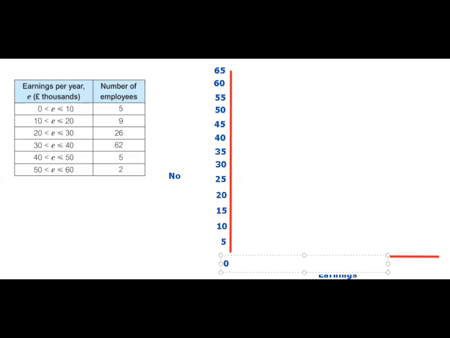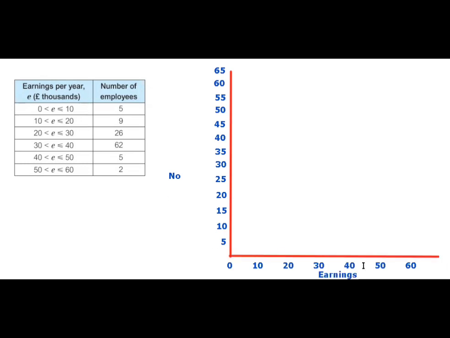So we're going to make 1, 2, 3, 4, 5, 10. 1, 2, 3, 4, 5, 20. 1, 2, 3, 4, 5, 40, 50, sorry, 60. Now, because I have more space, I'll move it over here.